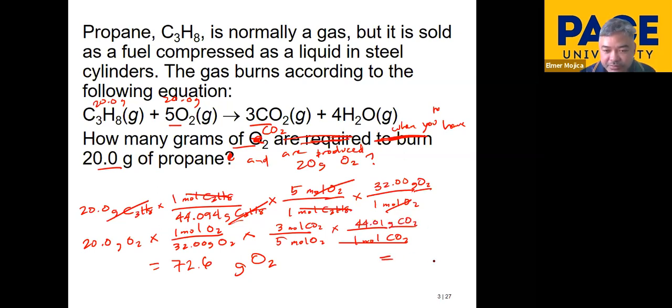The initial problem was just in moles, which is a very easy one. But what if the one in the chapter quiz is in grams? So you have 20 grams divided by 32, times 3 divided by 5, times 44.01. You end up with 16.5.